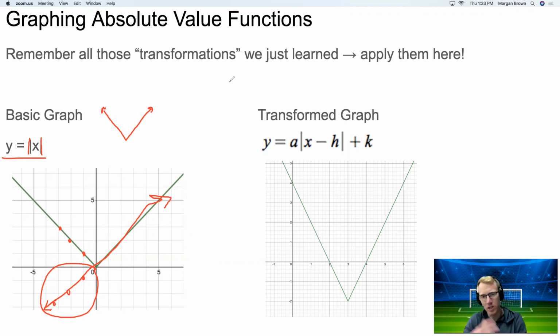But we can take this and we can transform it the same way we learned about just a couple sections ago, transforming graphs by shifting left and right or up and down or stretching or shrinking or all that kind of stuff. So the general form for an absolute value function has a coefficient a, which talks about whether it's stretched or shrunk, and also whether it's opening upward or it's reflected and upside down, opening downward. The h refers to a shift left and right, and the k refers to a shift up and down.